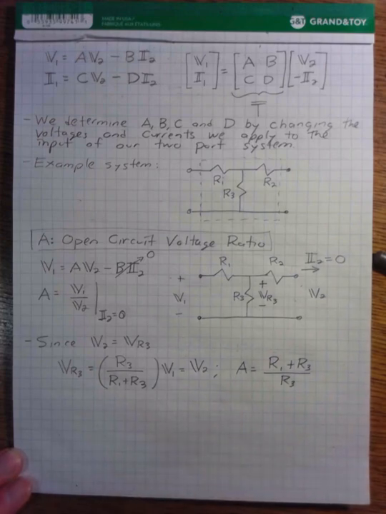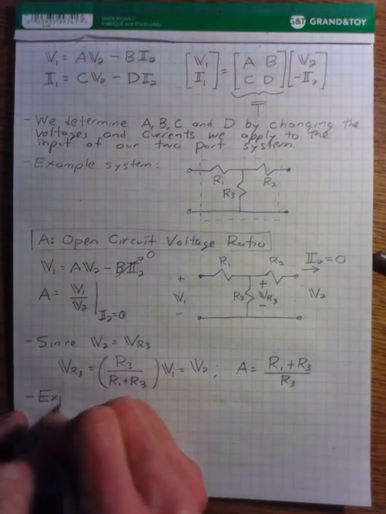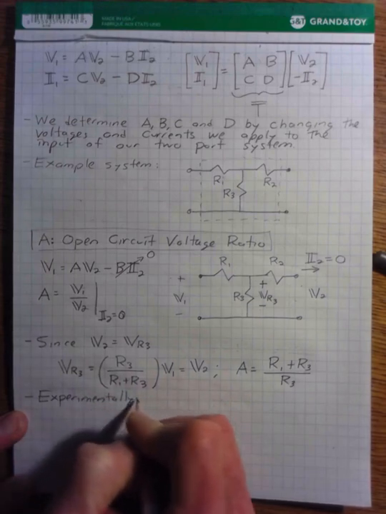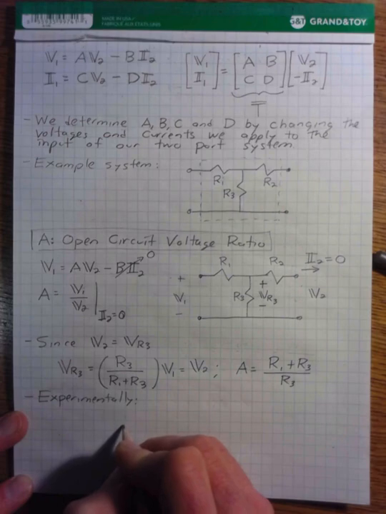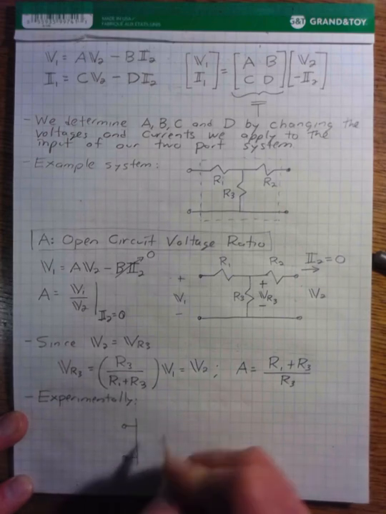What if we were in the lab and this two-port system actually was a black box and we had to use our lab equipment to figure out our A parameter? What we would do experimentally would be to take our two-port system, and I'm just going to draw it as a black box.